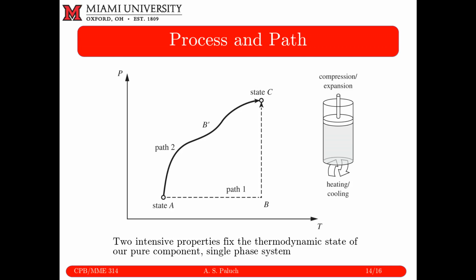V is sometimes used in terms of P, but same idea. So if I need to calculate the change in some property going from some state A to state C, I can represent that on P versus T coordinates. If I want to calculate the change in heat or the work in going from state A to state C, I can represent that in terms of PT coordinates.